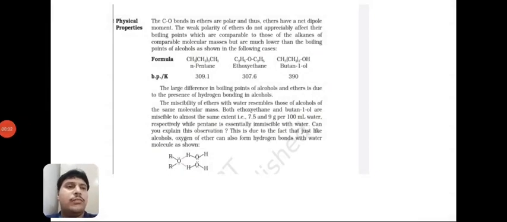So mainly two processes there for the preparation of ether, right? After that we are going to start the physical properties of ether. In the physical properties of ether, mainly the boiling point part and solubility are there.